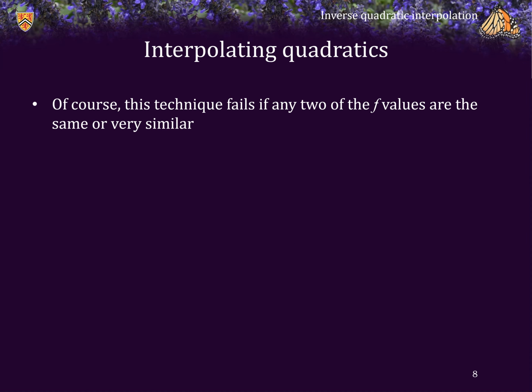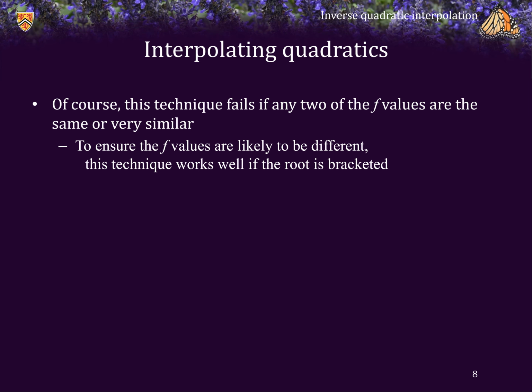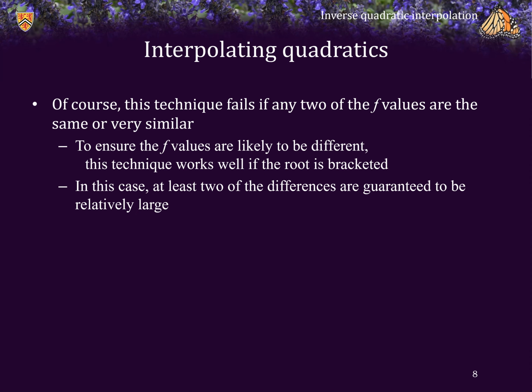Now, of course, this technique fails if any two of the f values are either the same or very similar. If they're the same, the denominator will be 0. If they are very similar, this technique is subject to subtractive cancellation. To ensure that the f values are likely to be different, this technique works actually quite well if the root is bracketed.